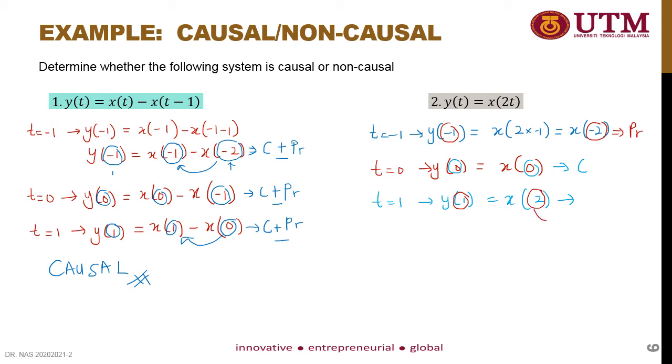So this is a future state. Okay, how come the output is being developed earlier than the input being applied? So you have a future state here. In any case, if you have a future state in the equation, automatically the system is non-causal.